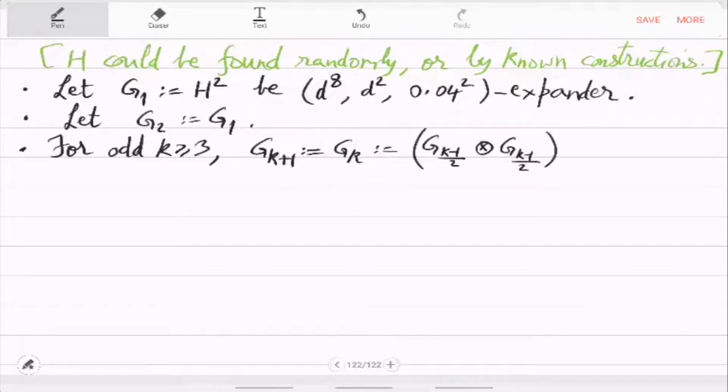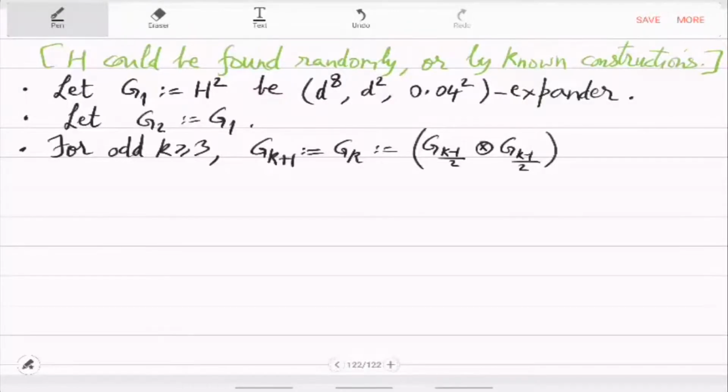So when you go to G of (k minus 1) by 2, obviously by recursion or by induction, that was already constructed, so you have access to it. Although it's a very big graph, you have access to the algorithm that produces it. So with that algorithm, you can do the tensor product and get a different algorithm for this tensor product graph or expander.